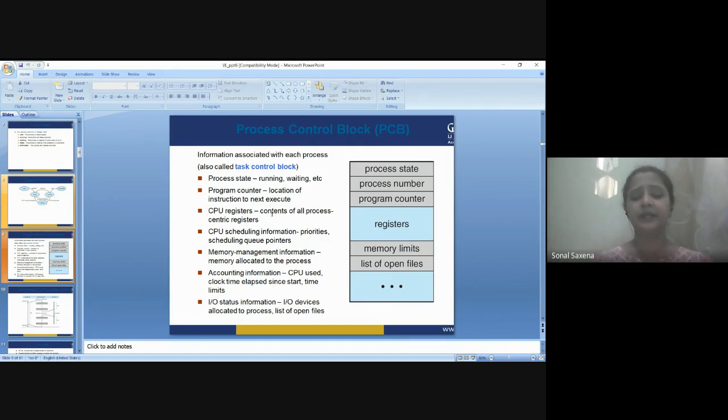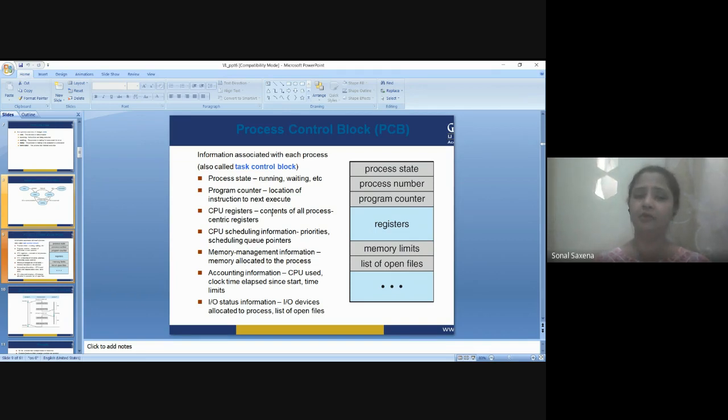Then the next is memory management information. Memory management information means how much memory your process requires, its memory limits; they are defined inside this part. The process control block consists of this part also, which tells your CPU how much memory it will require for the execution. So this is memory management. Then accounting information.